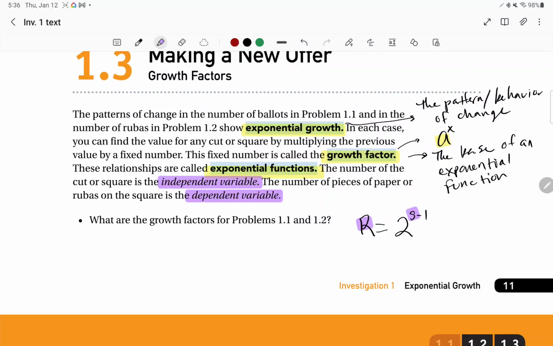Those are your two variables. In this case, this is your dependent variable, and this would be your independent variable. All right, so make sure you're able to identify what both of those are. So pause the video, make sure you have all of these definitions in your notes and making sure that they make sense to you.